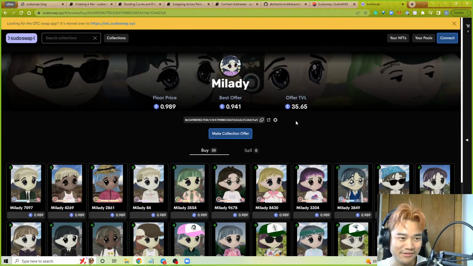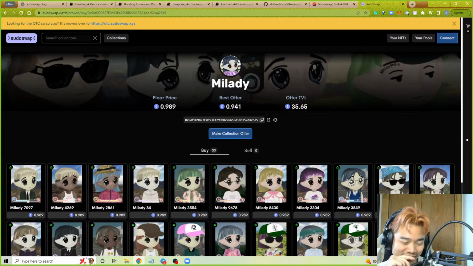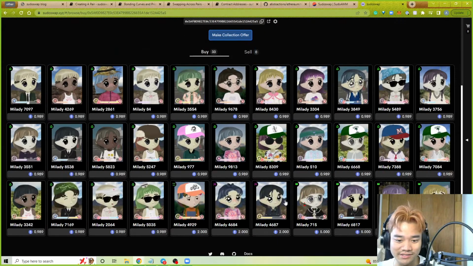So Sudoswap was originally built OTC on top of 0x, where they had the batch swap thing, basically what I think we see as standard now from Genie or Gem. And then they just released the NFT AMM on top of that, which I think is also included in what we see here across their collections.